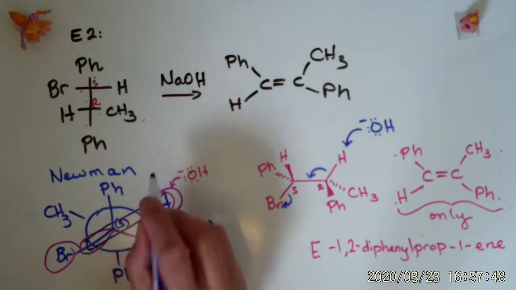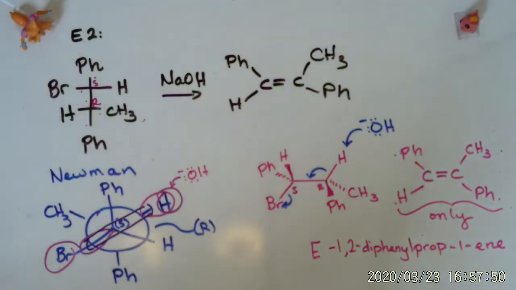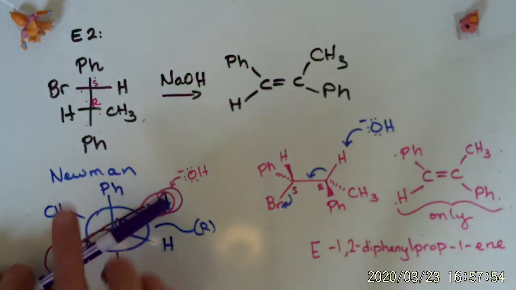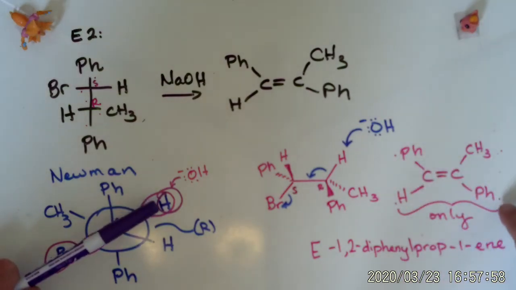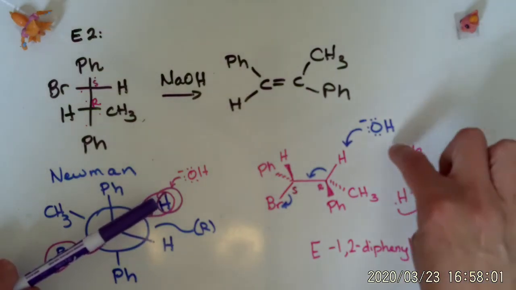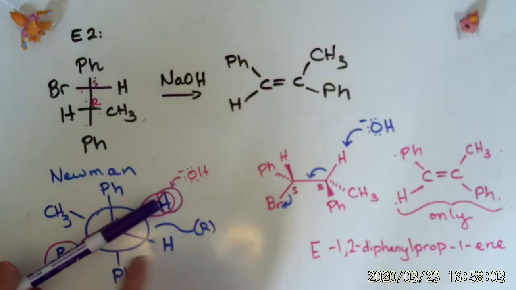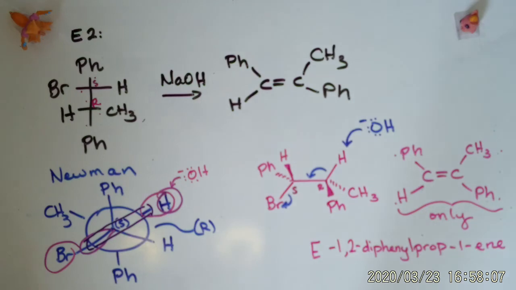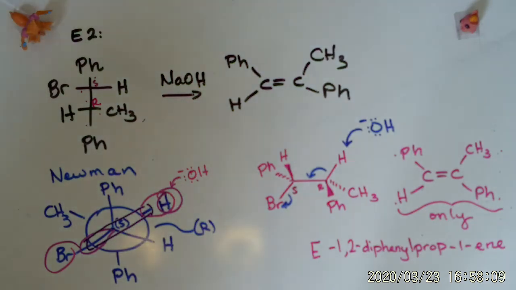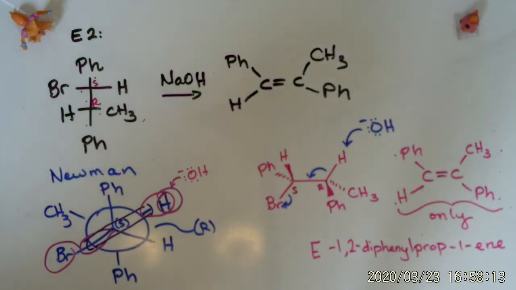Because that's where my pi bond is going to be, this is where my double bond is, then phenyl, methyl, phenyl, hydrogen, right there. That's the only product, again, that you can get when you do an E2. So just be aware that you are required to have it be coplanar.